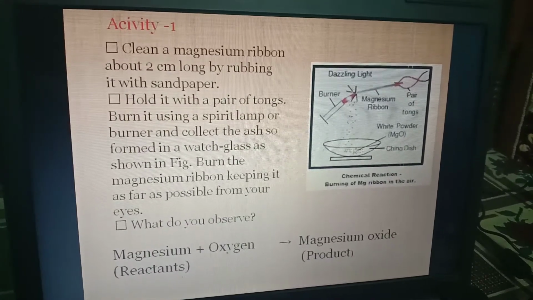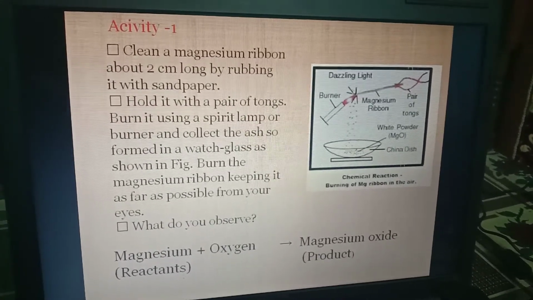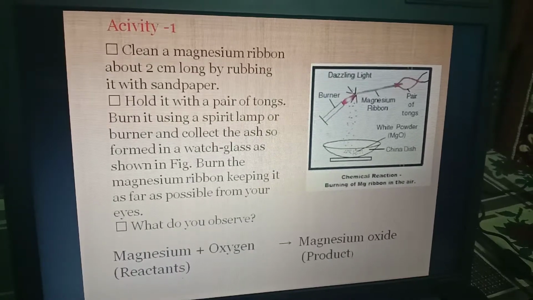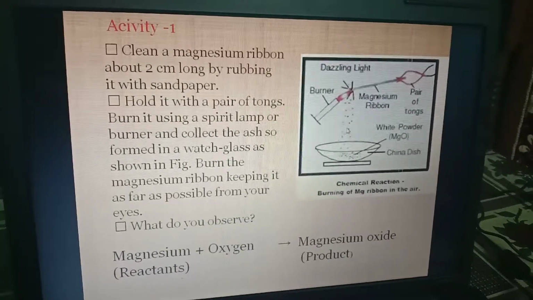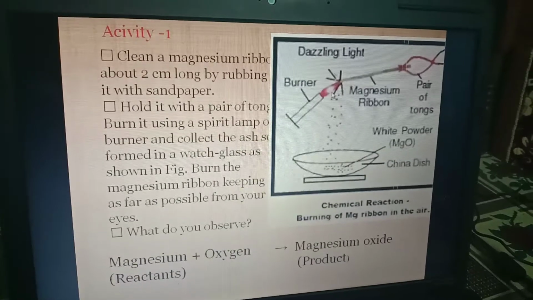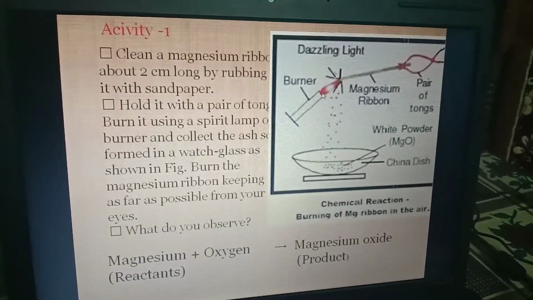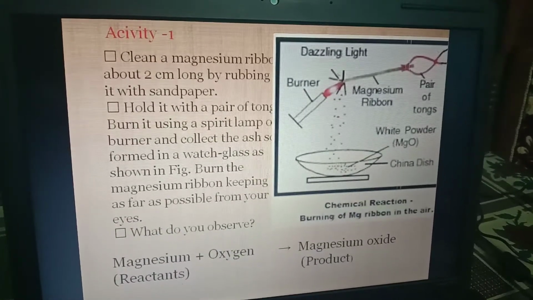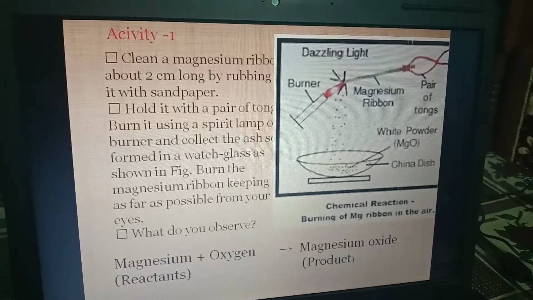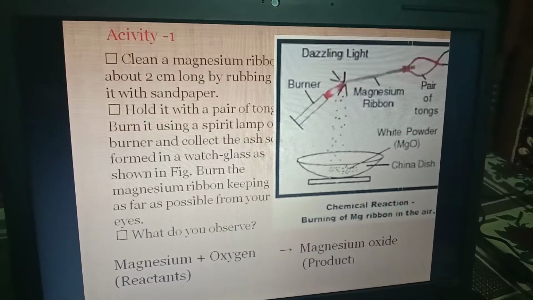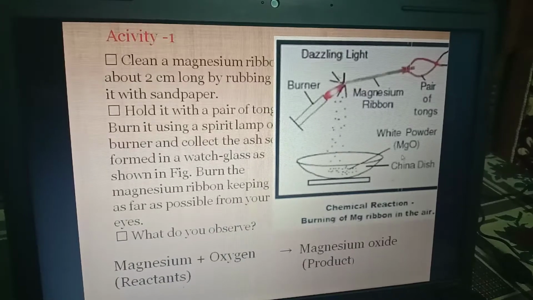That is why we have to clean it first. Next, see how we can burn a magnesium ribbon in air. After burning the magnesium ribbon, we get a glaring white powder of magnesium oxide.